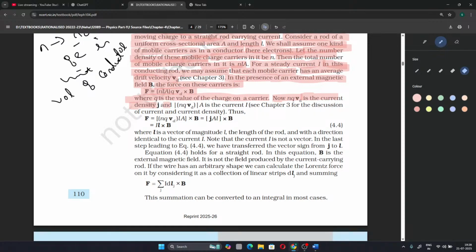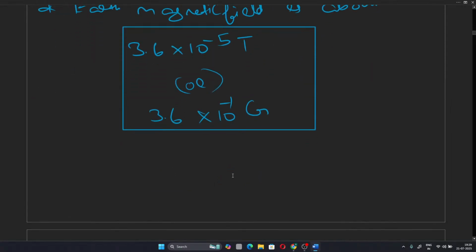And when we multiply this with area, it is the current I. And we can write this as j times A l times B, or simply I l cross B. Okay, let's derive it ourselves.